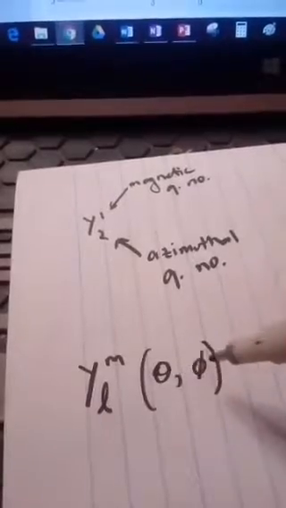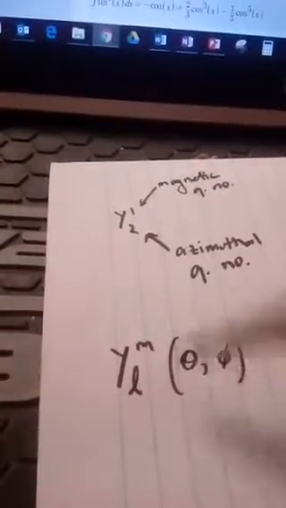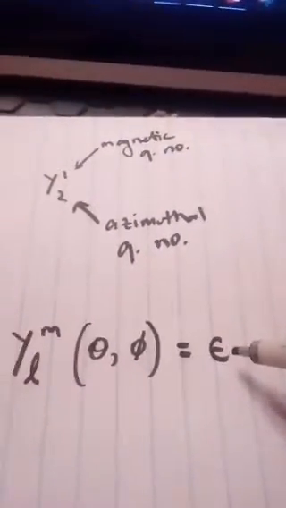It has a two-dimensional angle to make a three-dimensional object, because you've got the latitudes and the longitudes of the sphere, and when you combine them, it makes a sphere. And it equals this number here.